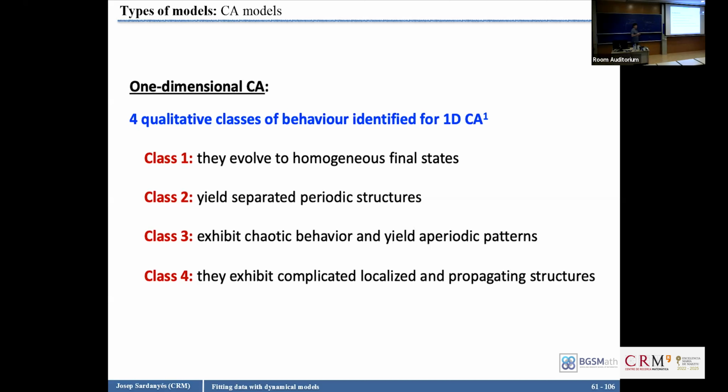Why? Because you can have, let's say, ordered and irregular structures, but you have like formation of macro scale patterns that interact with each other. And it's better an image than 1,000 words. These are the 4 classes.